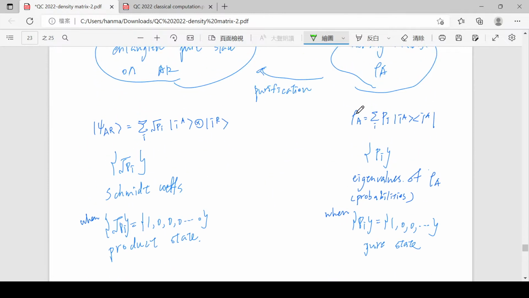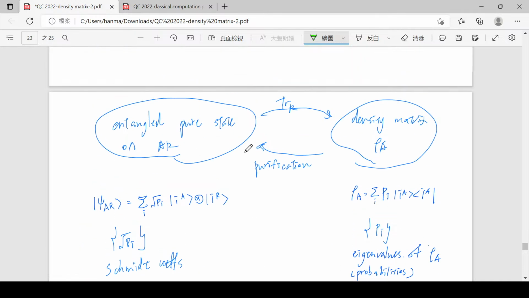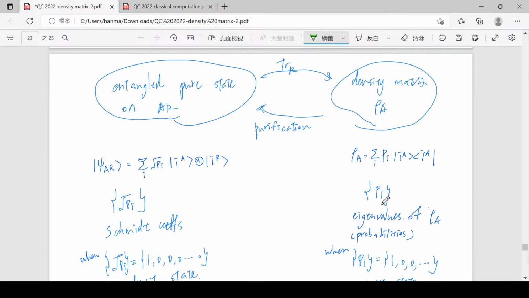And here you can see the Schmidt decomposition being more useful. If you write your entangled pure state in terms of Schmidt decomposition, it will look like this: psi AR is the sum over I of square root pi |iA> tensor |iR>. You can also write your density matrix in terms of its eigenstates, summation over I of pi |iA><iA|.